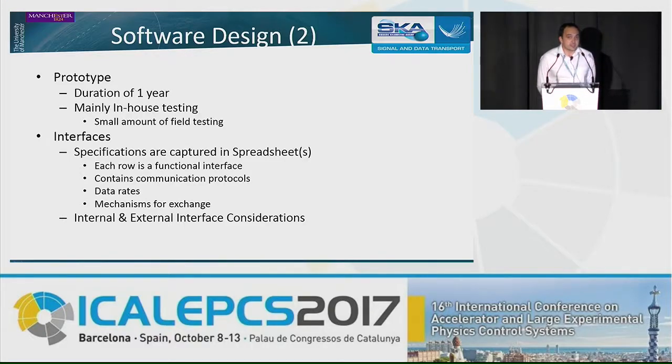Each functional interface had to have a great deal of information and detail associated with it, going to great detail such as communication protocol, so trawling manuals in a lot of cases, establishing acquisition rates, whether it's a polling rate or a push-pull mechanism, and so on and so forth. So a great deal of detail was needed, but this was established very early on and allowed us to make very good progress.